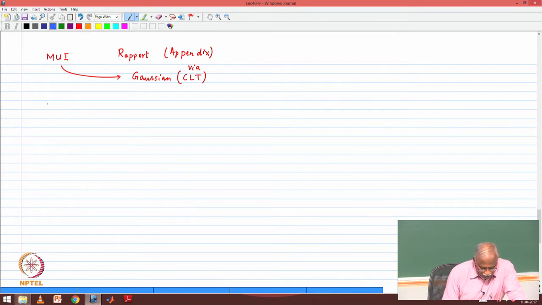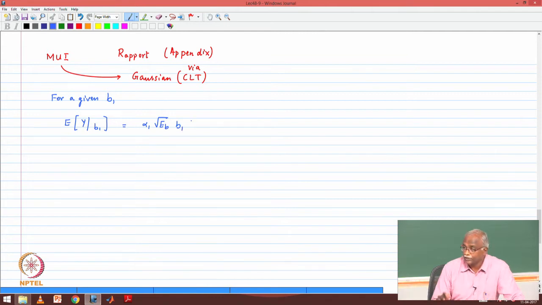Supposing we were given the bit transmitted by user 1, that means B1, the expected value of y, the decision statistic given B1, turns out to be alpha 1 root EB times B1, because I know that is the signal that is being transmitted, plus this is the mean value.